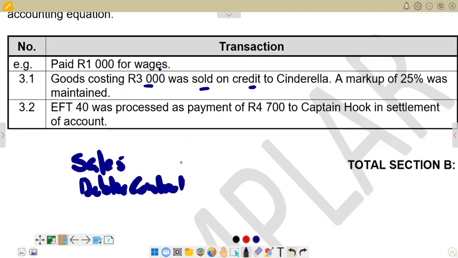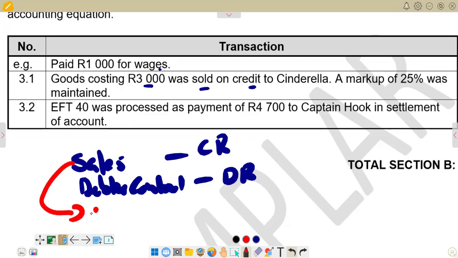So what we are supposed to now indicate is which one we are debiting and which one we are crediting. So you see that since we are selling on credit, we are debiting our debtors control, and then our sales account we are crediting. And remember, sales account is always credited.